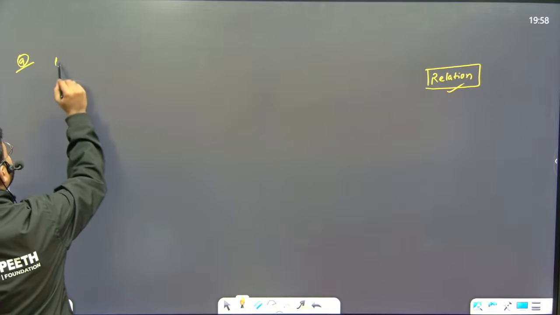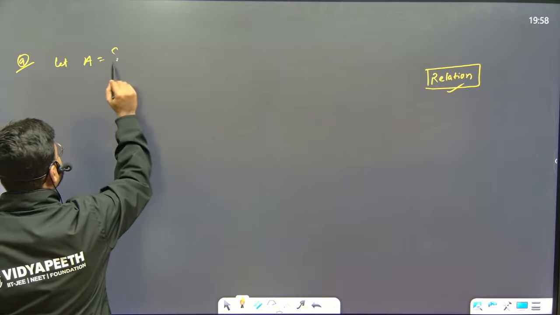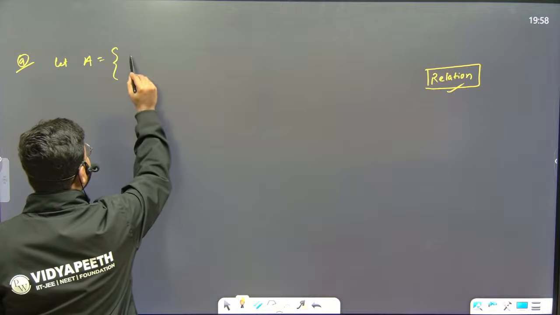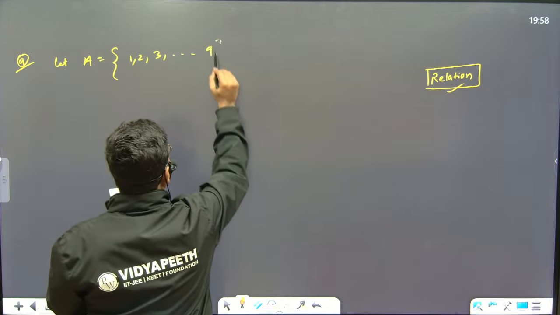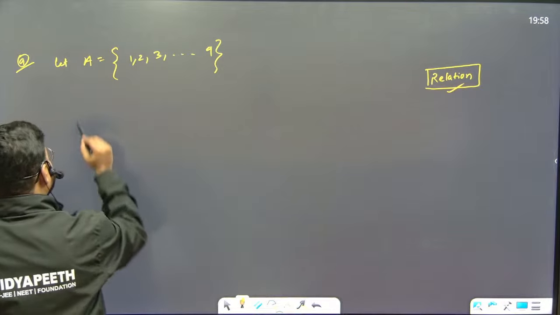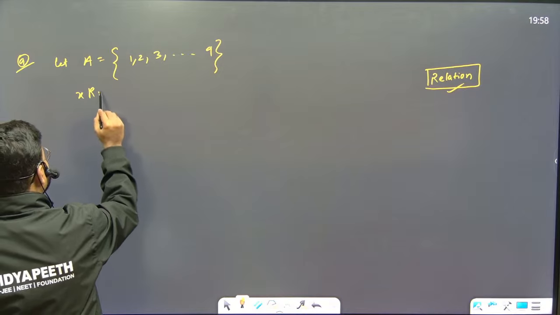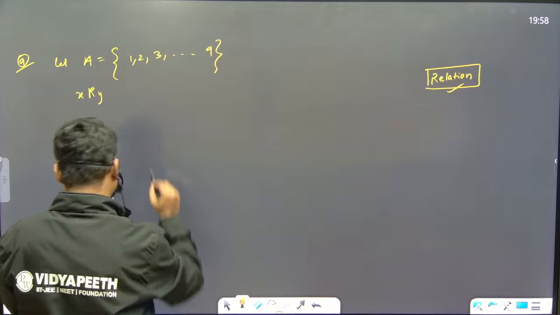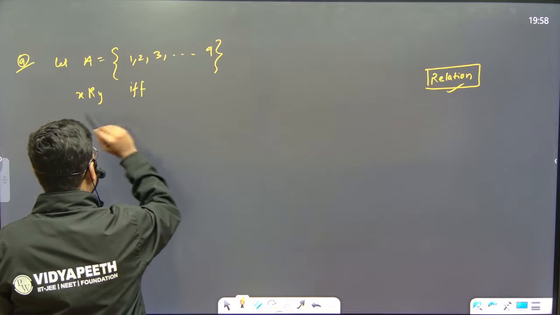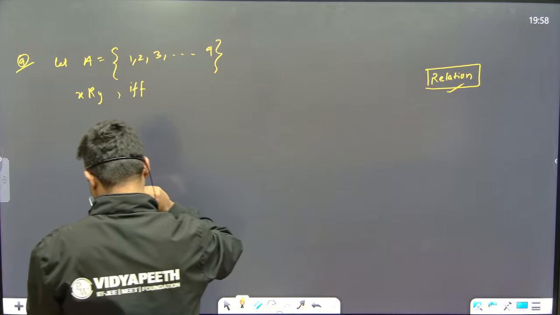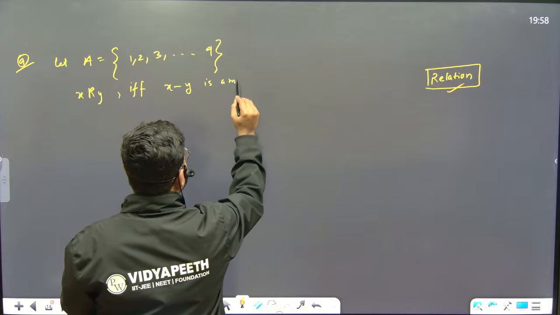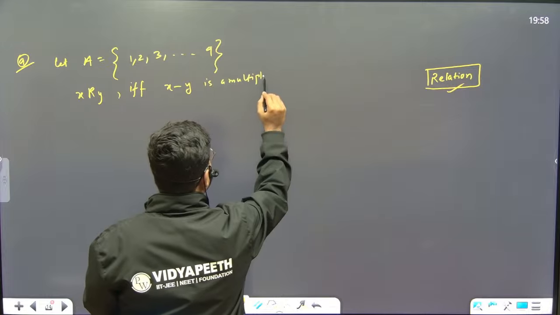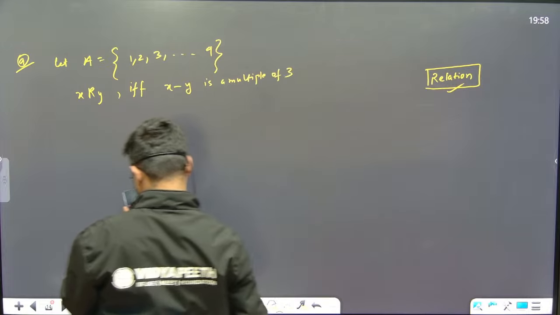So let set A be given as 1, 2, 3, till 9, and x is related to y if and only if x minus y is a multiple of 3.